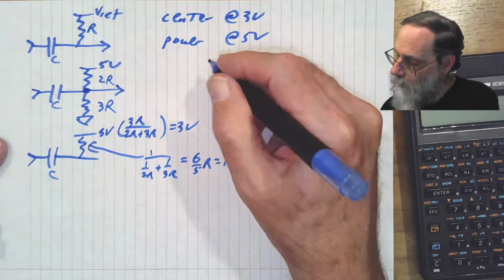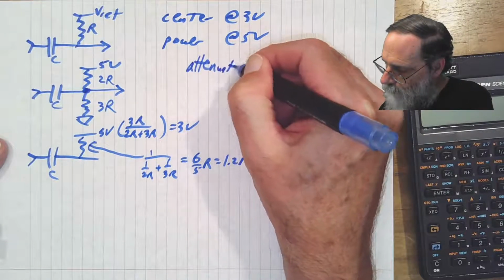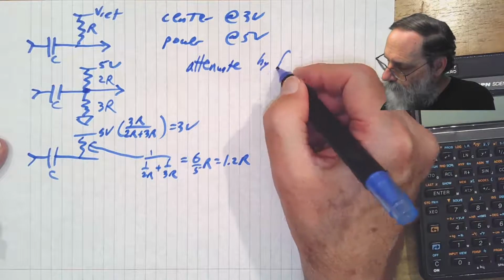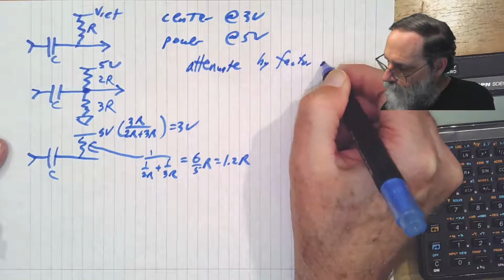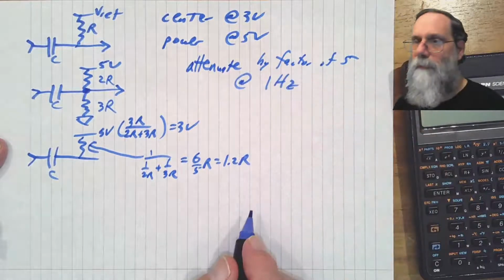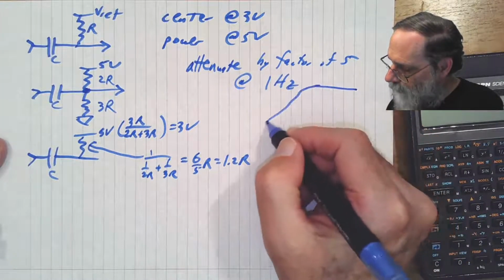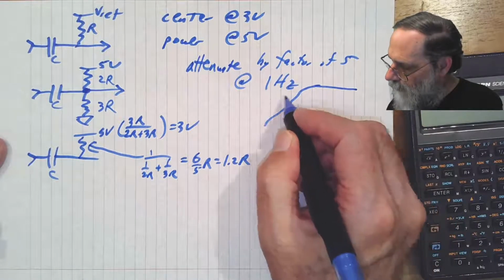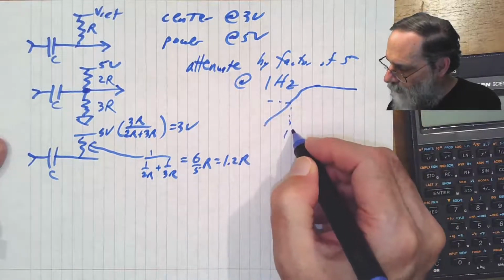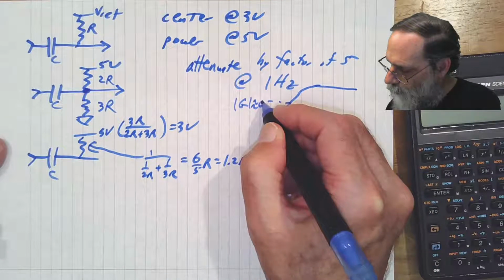So let's say we want to attenuate by a factor of 5 at 1 hertz. Okay, so we've got a high pass filter here, and we're saying the gain at 1 hertz is approximately 0.2.